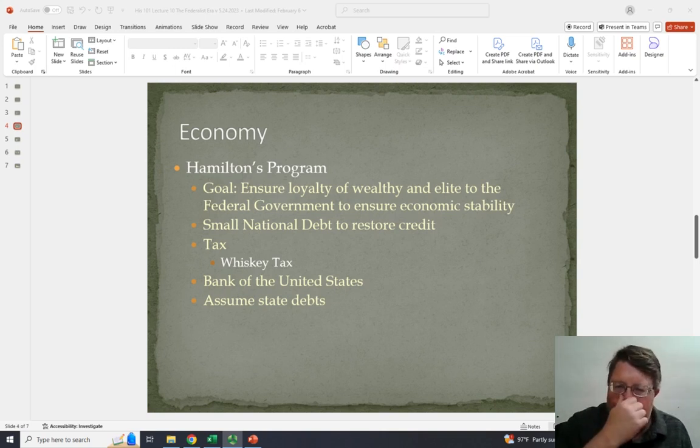Would get the government going, and it would help the wealthy and elite be more loyal to the government, and get the economy right again.